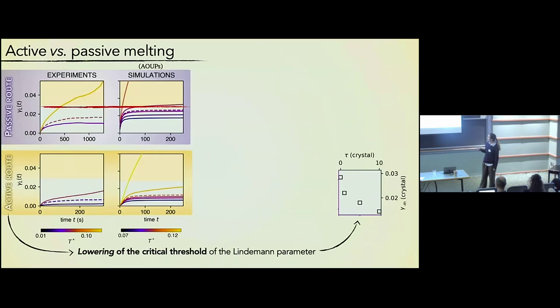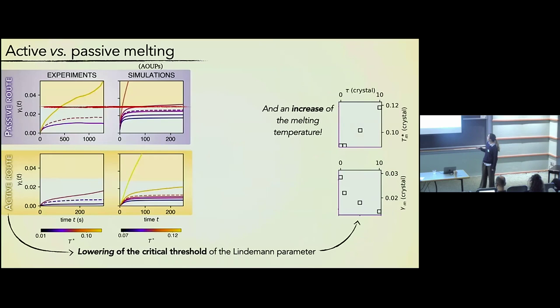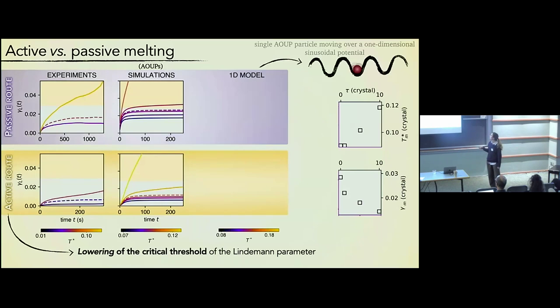So again, we did see a lowering of the critical threshold of the Lindemann parameter for melting, accompanied by an increase of the melting temperature in this system, a fact that seems a bit counterintuitive. To understand what was happening here, we wanted to take a step back and look at a very simple representation of the problem: just one active Ornstein-Uhlenbeck particle trapped in a sinusoidal potential.